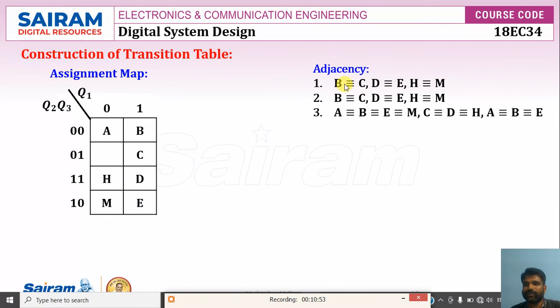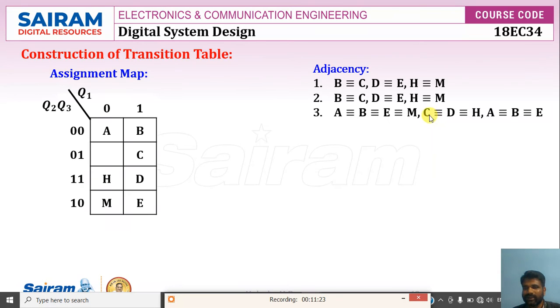See, first, B is adjacent to C. Next, D is adjacent to E, and H is adjacent to M. And third rule, A is adjacent to B. B is adjacent to E, correct? Because these two cells are adjacent. And E is adjacent to M. So the first one is satisfied.